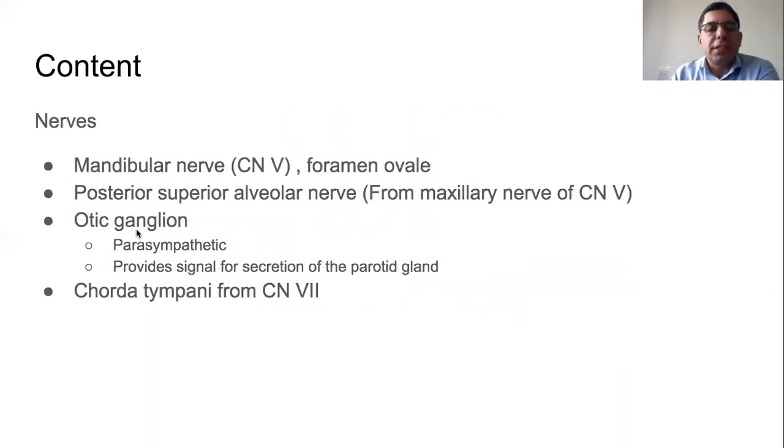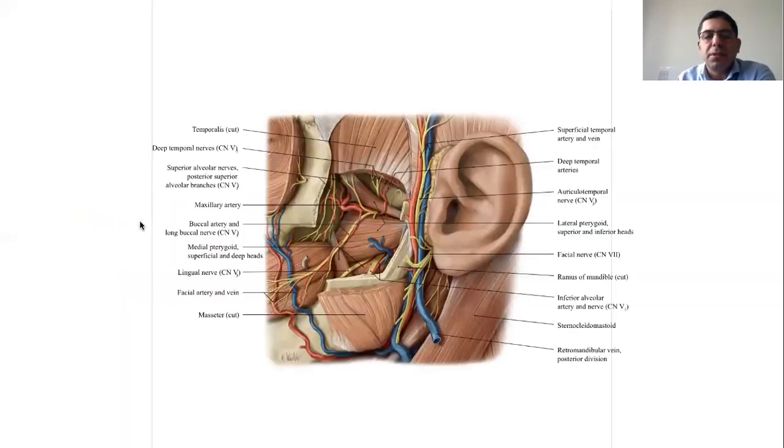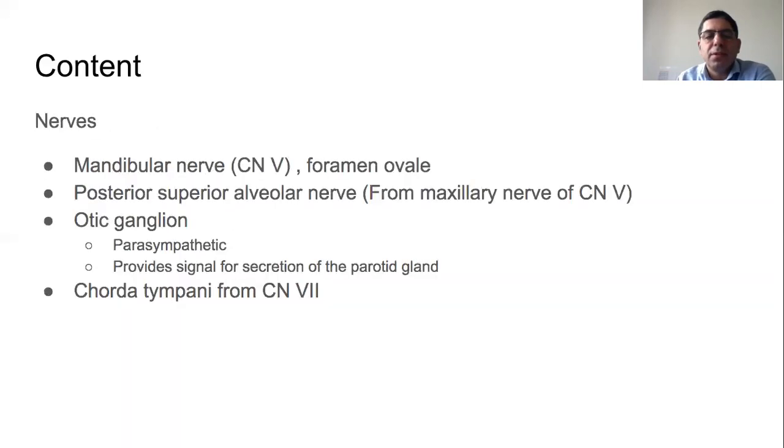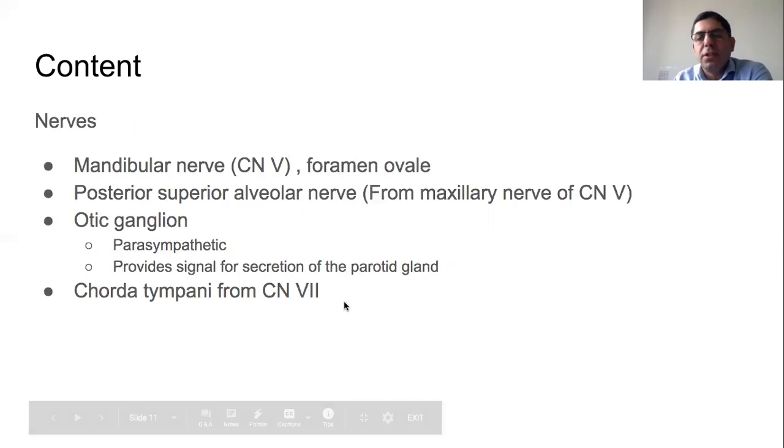Then there's also the otic ganglion, which gives the parasympathetic signal of secretion to the parotid gland. So the otic ganglion is within this region. And then there is also the chorda tympani coming from the facial nerve that connects to the lingual nerve and goes on its pathway.